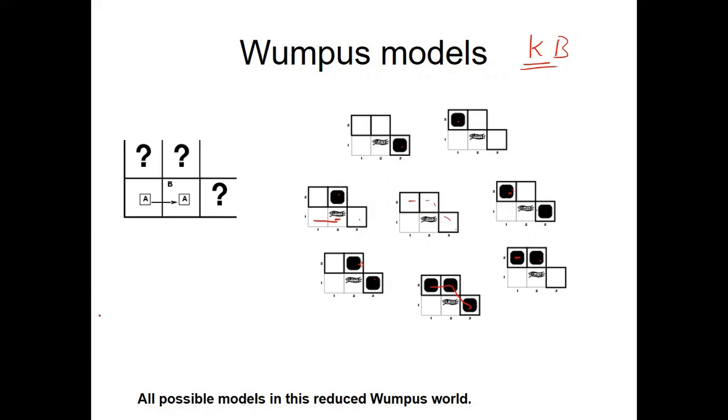Now let us apply our knowledge. Now the agent knows certain facts. Based on the agent's facts, apply the knowledge. When the agent is here, the agent has not sensed anything, which means there is no pit here, and there is no pit here.